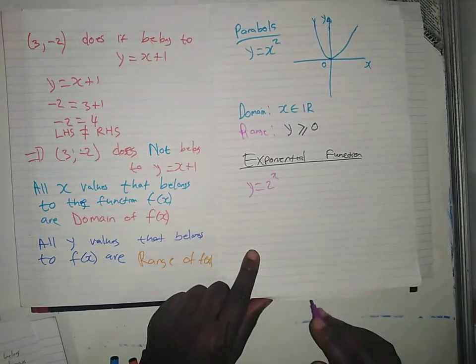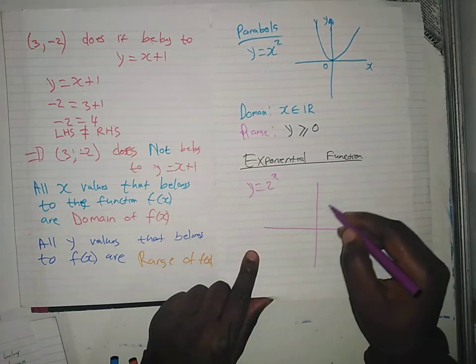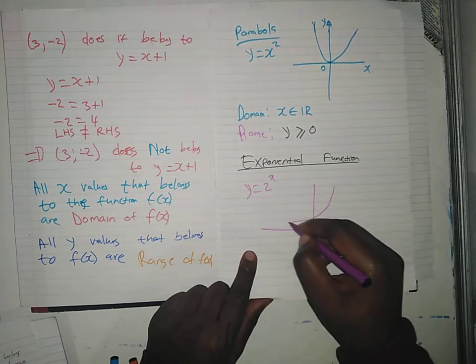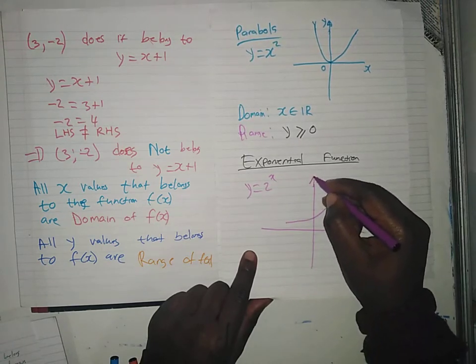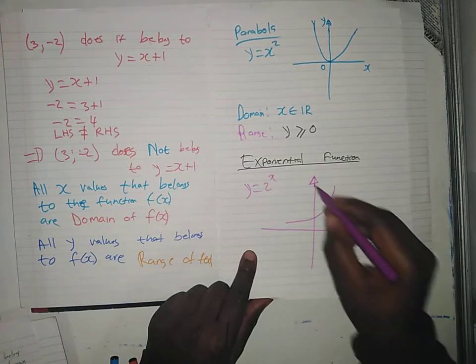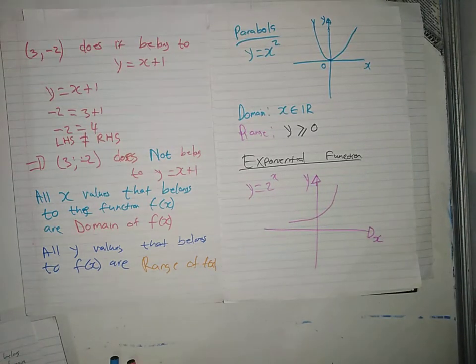2 to the power x. Now we've got 2 to the power x. It's a graph like this. So you've got x here, you've got y, and then here's the graph. So what is happening here?